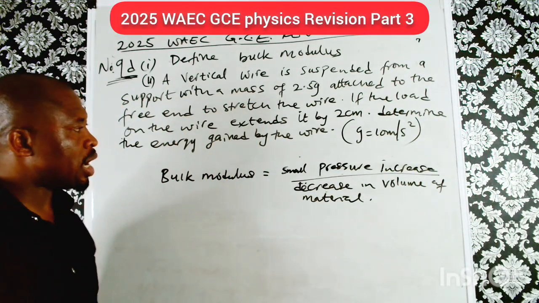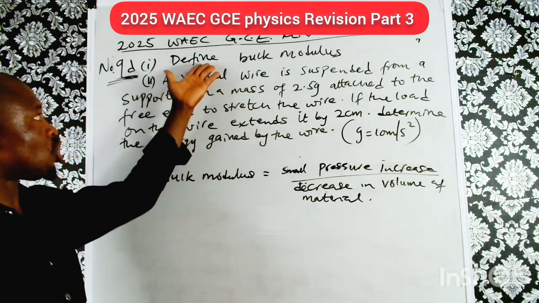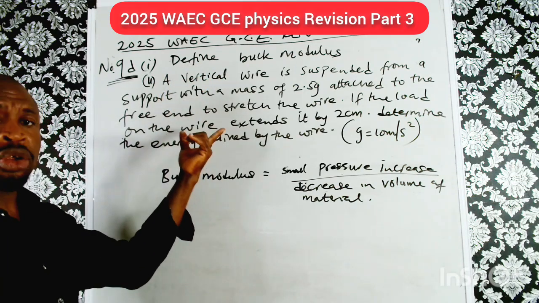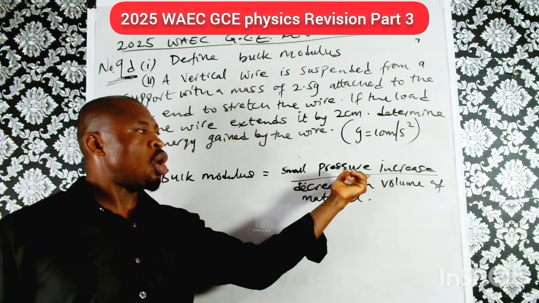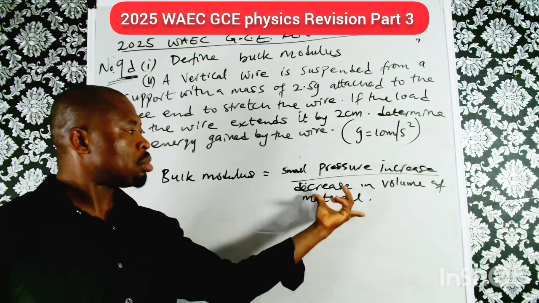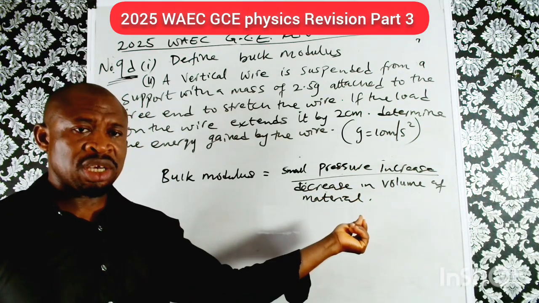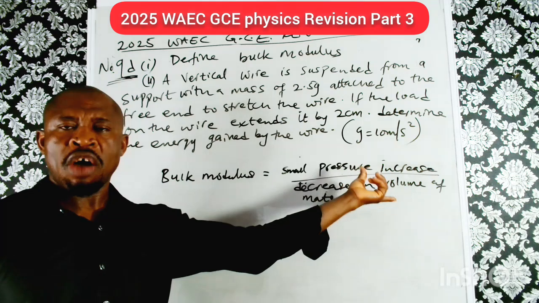That is the definition of the bulk modulus. It is a ratio of a small increase in pressure to a slight decrease in volume of that material.